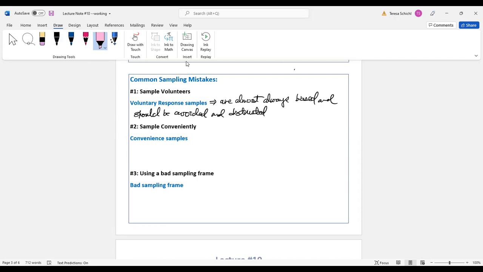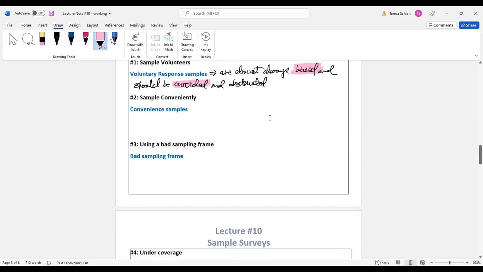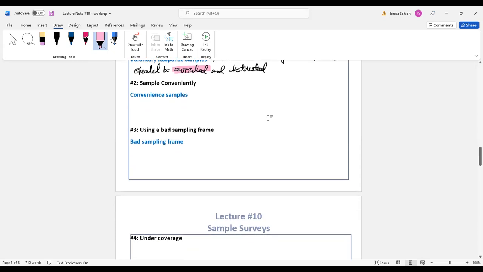That's why we need to be very careful and try to avoid it, even though it's probably a very cheap and very convenient sampling plan. Because of the volunteering, we inherit some bias in our response.